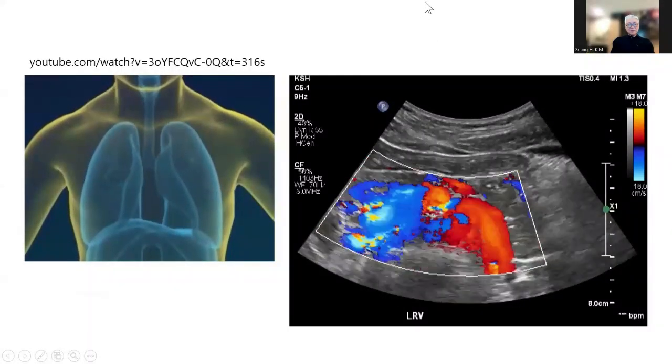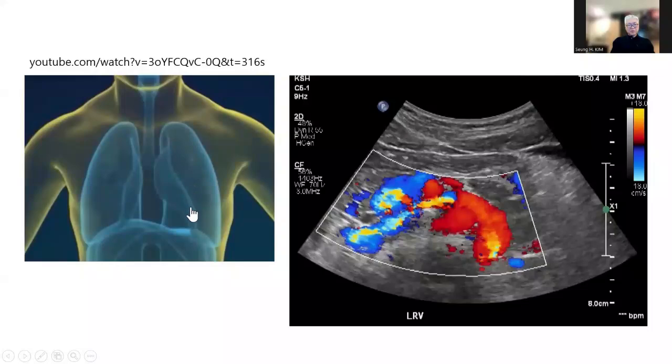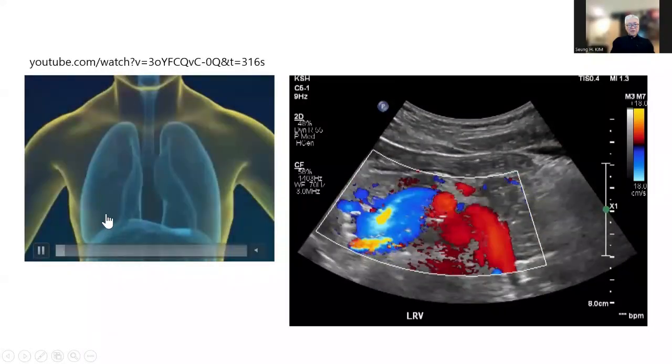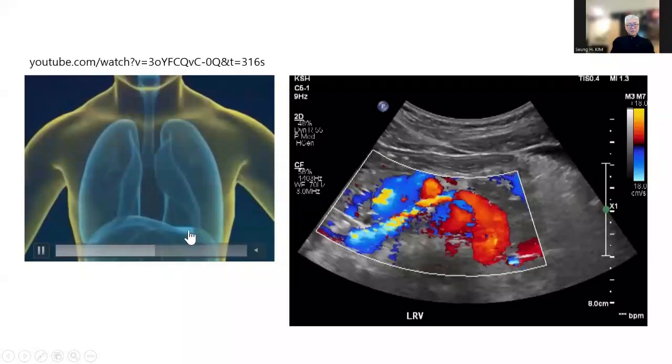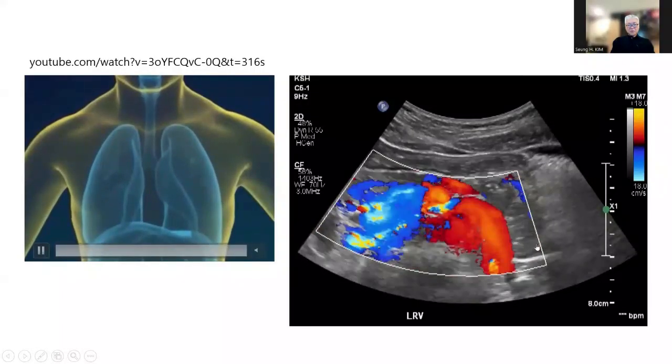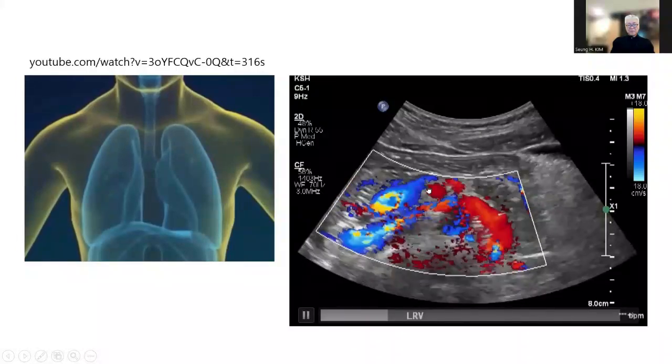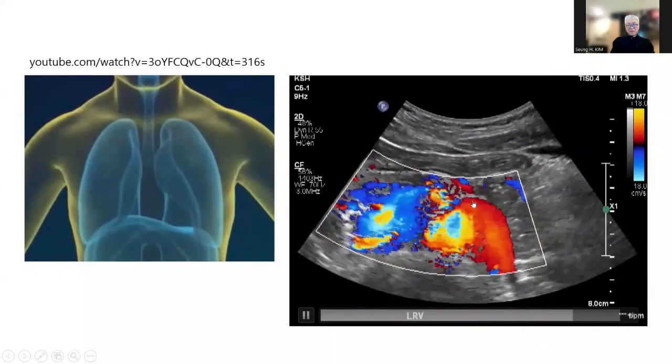Now the third issue is the patient's respiration. With quiet, comfortable respiration of the patient, we can do the Doppler exam of the left renal vein like this.